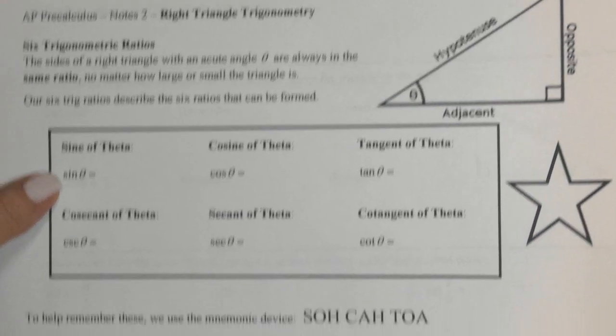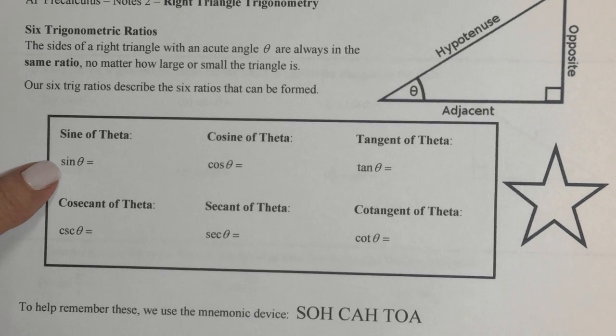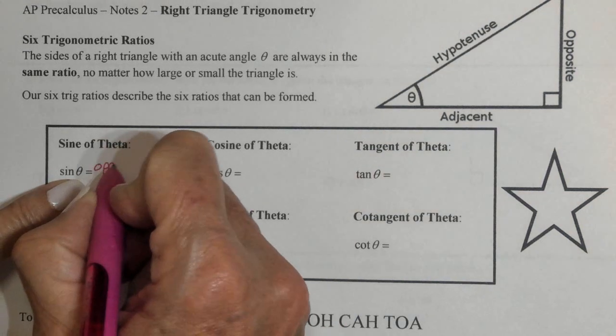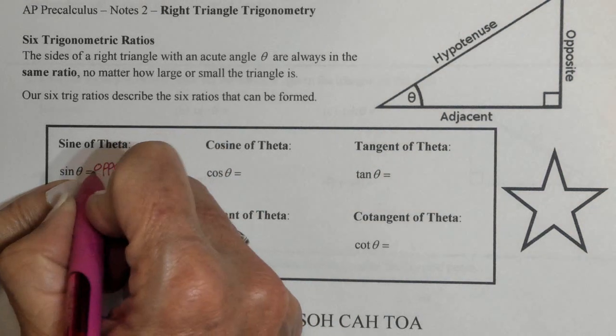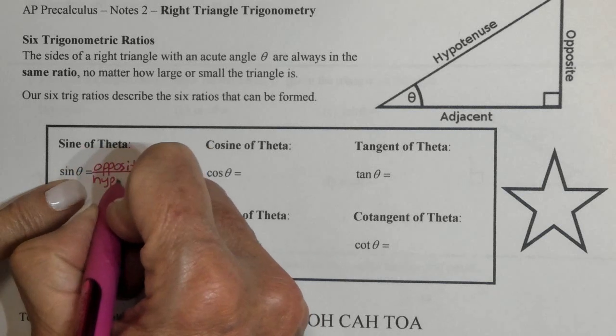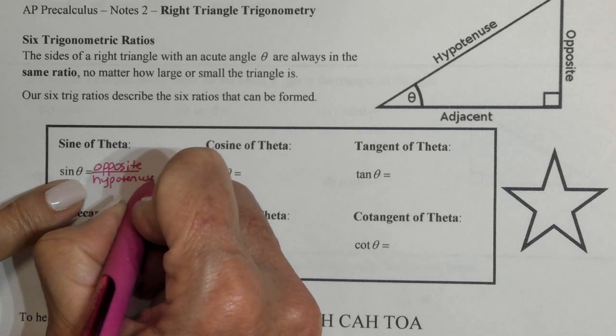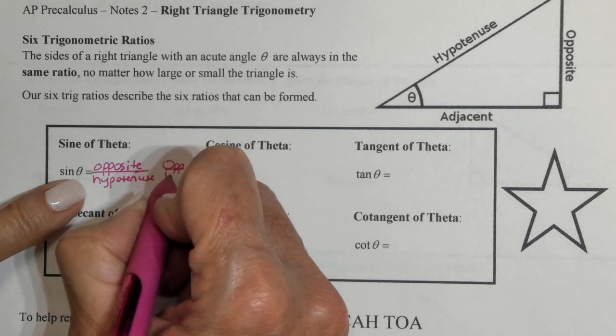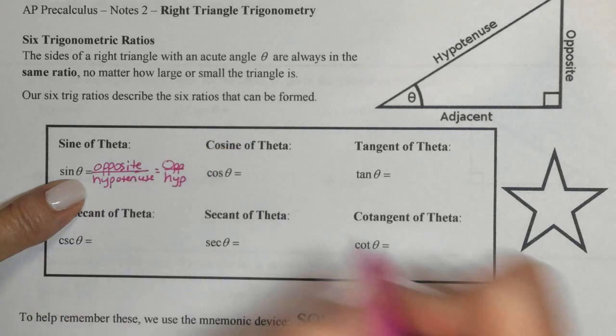Sine of theta is always the opposite side over the hypotenuse. You could think of that as opposite over hypotenuse. Okay?